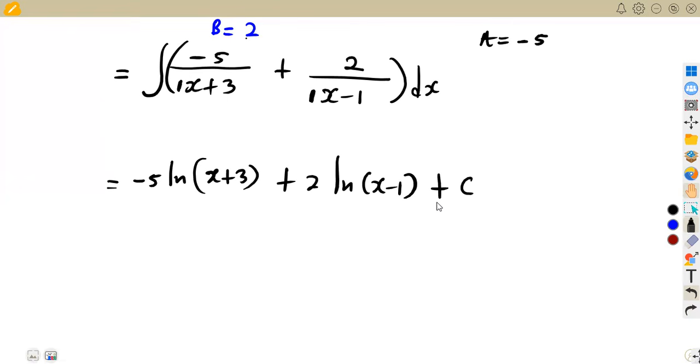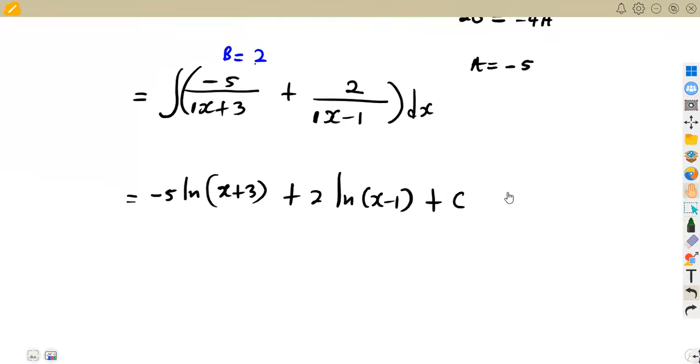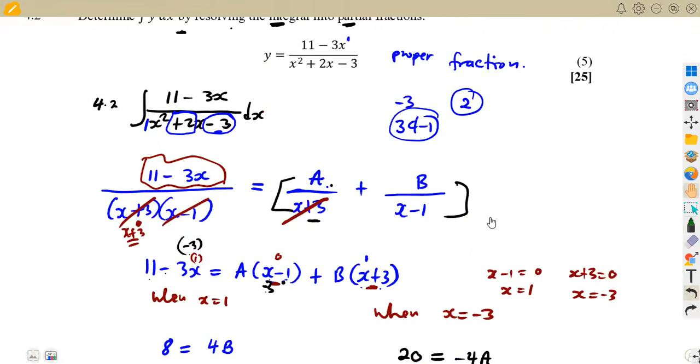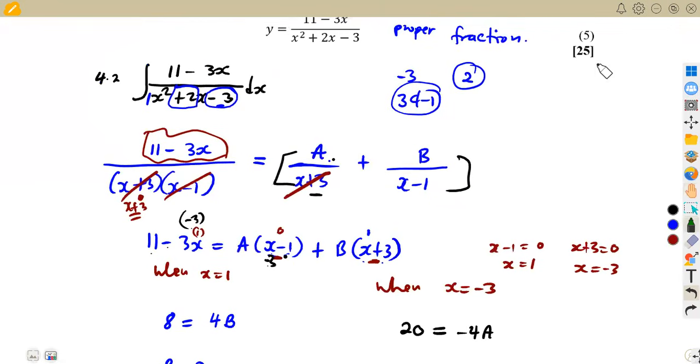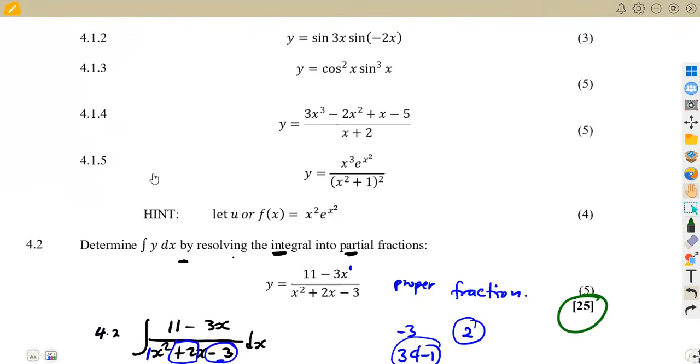All right, so that was the whole part of our question. As we can see, guys, it's very important to obtain these marks on our integration, and it is very possible for us to obtain these 25 marks. All we need is to work on each and every integral and know the basics of each integral.